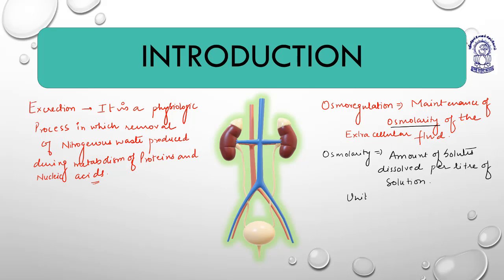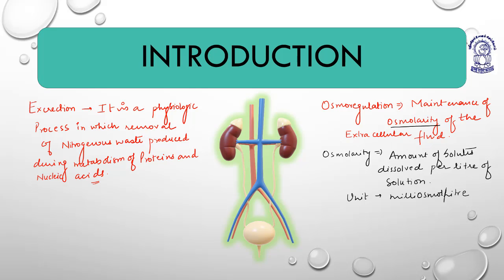The unit is milliosmoles per liter. So osmoregulation is the maintenance of osmolarity of extracellular fluid. And osmolarity is the amount of solutes dissolved per liter of solution. The unit is milliosmol per liter. So we will be dealing with osmoregulation in detail in the next coming videos.